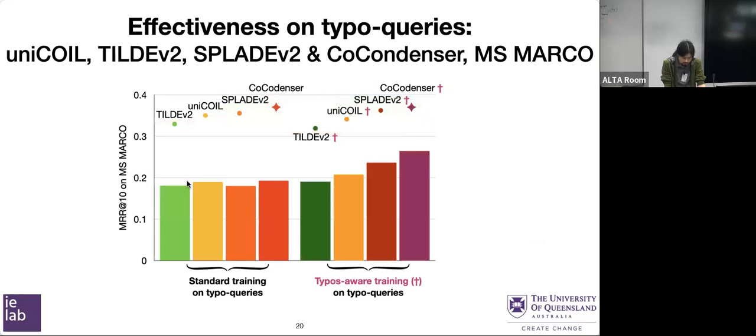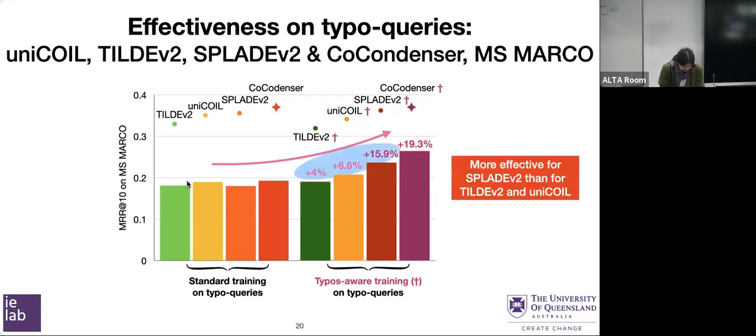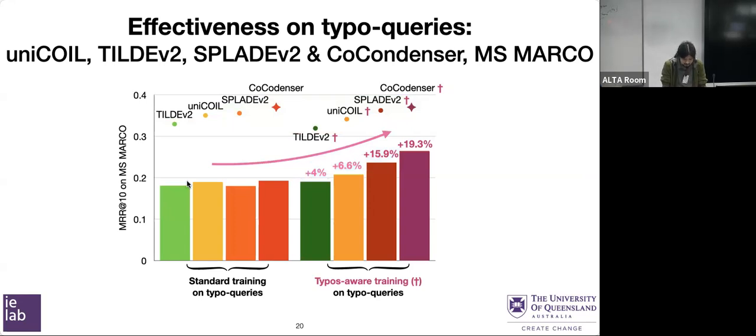And then we turn to the typo queries. Typos-aware training is less effective for TILDEv2 and uniCOIL. It is notable that although typos-aware training is less effective for TILDEv2 and uniCOIL, the improvement for queries with typos is marginal when compared with the original training.